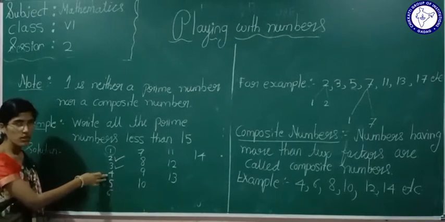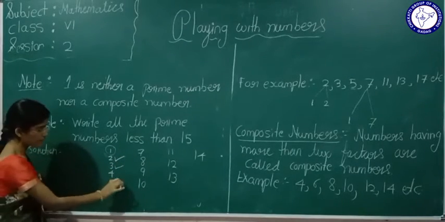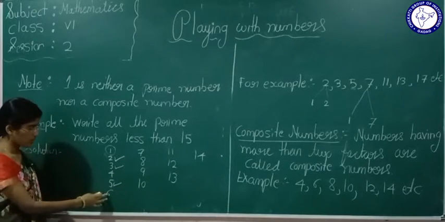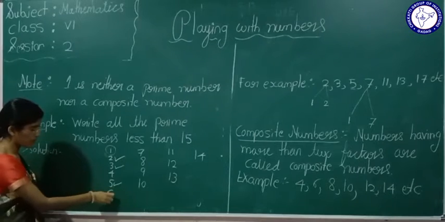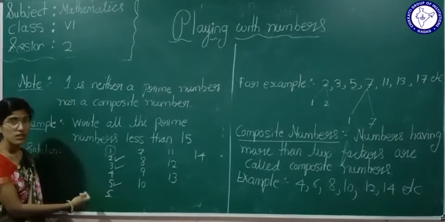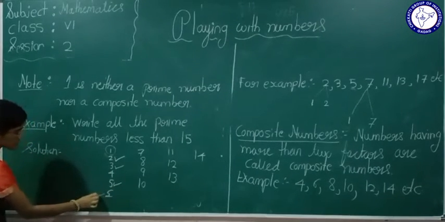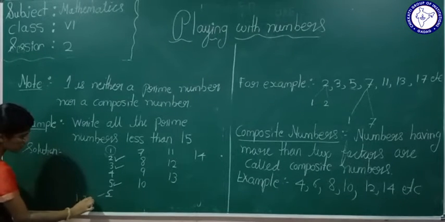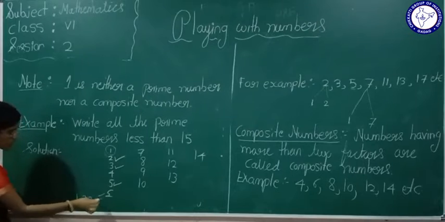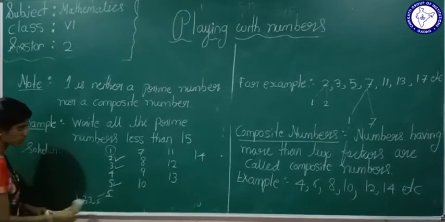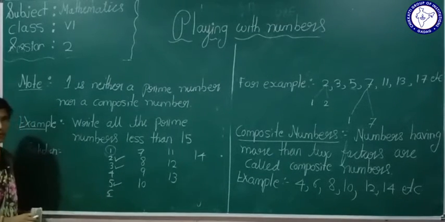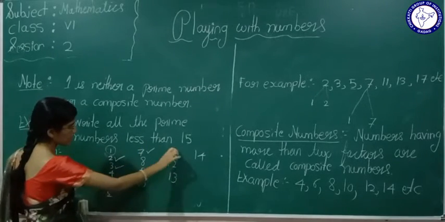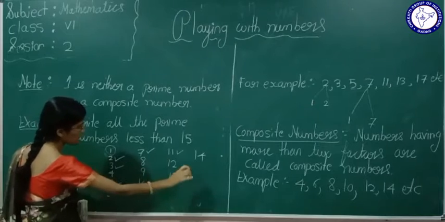What about 4? 4 is not a prime number. 5 is a prime number. 6 is not a prime number. 6 is not a prime number because it has how many factors? 6 has 1, 2, 3, 6. 1, 2, 3, 4. It has 4 factors. Therefore, this is not a prime number. 7 is a prime number, 11 is a prime number, 13 is a prime number.